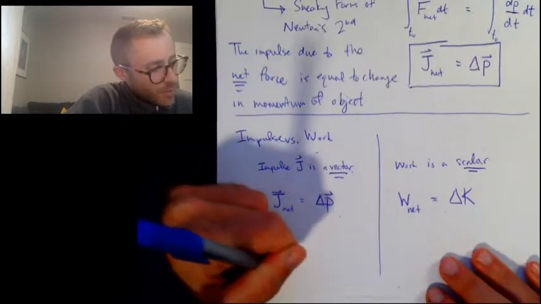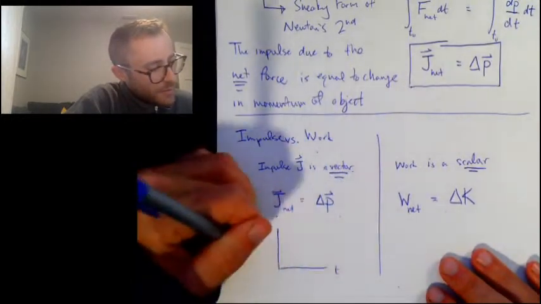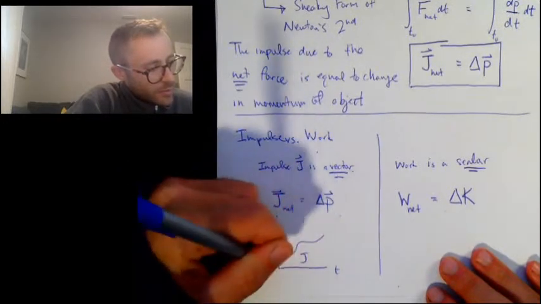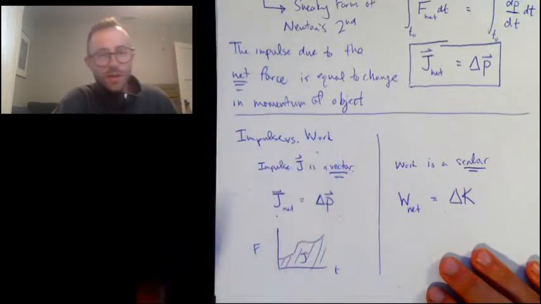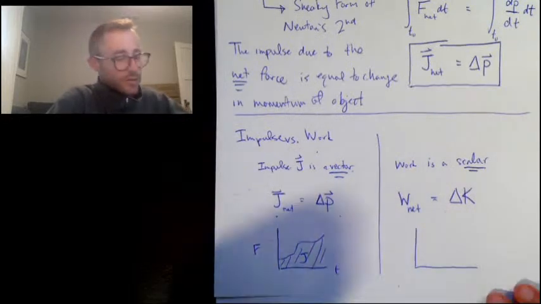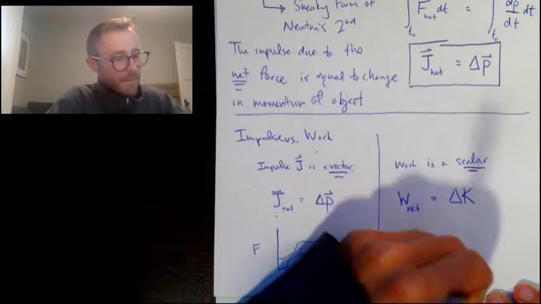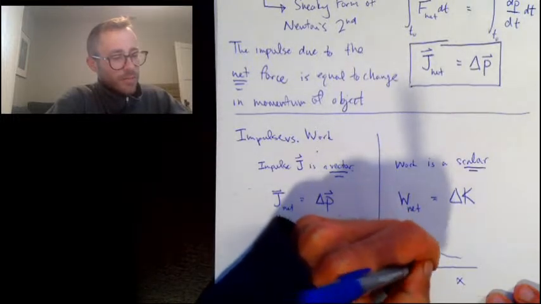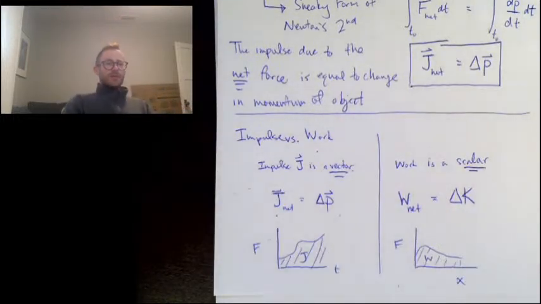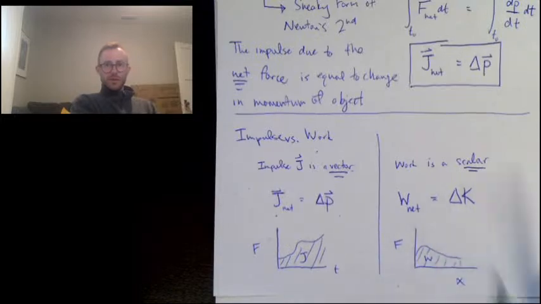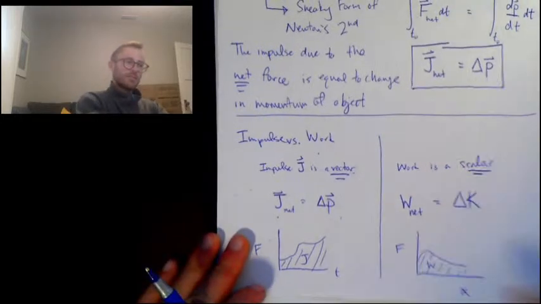Similarly, if you have a force-time graph, the area under the curve is impulse. If you have a force versus position graph, the area under the curve is work. So they're very similar, but they're not quite the same thing. You need to know the difference between the two, or else you might get confused in certain situations.